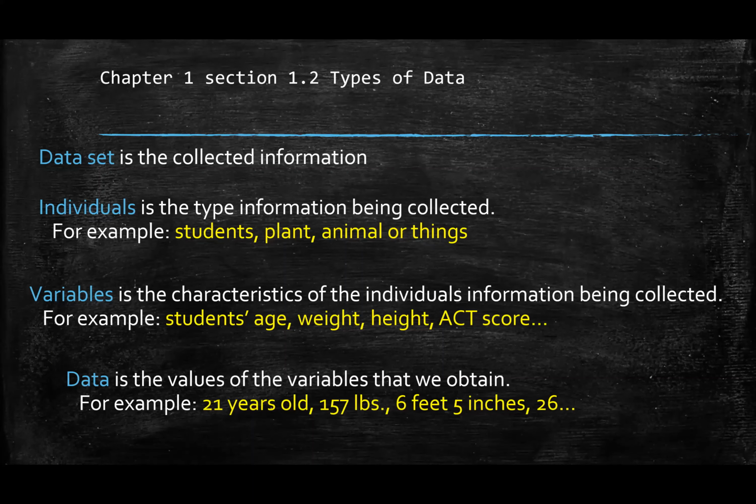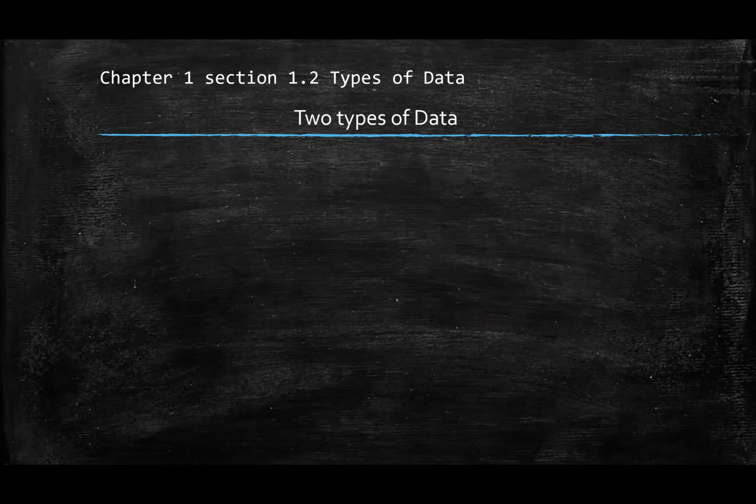The temperature is your variable, but the actual value, the number 97 degrees, that will be your data. They won't ask you a lot about variable and data; it's just easy for us to communicate. If I say the data, you know that the data is the value representing whatever we want to collect.